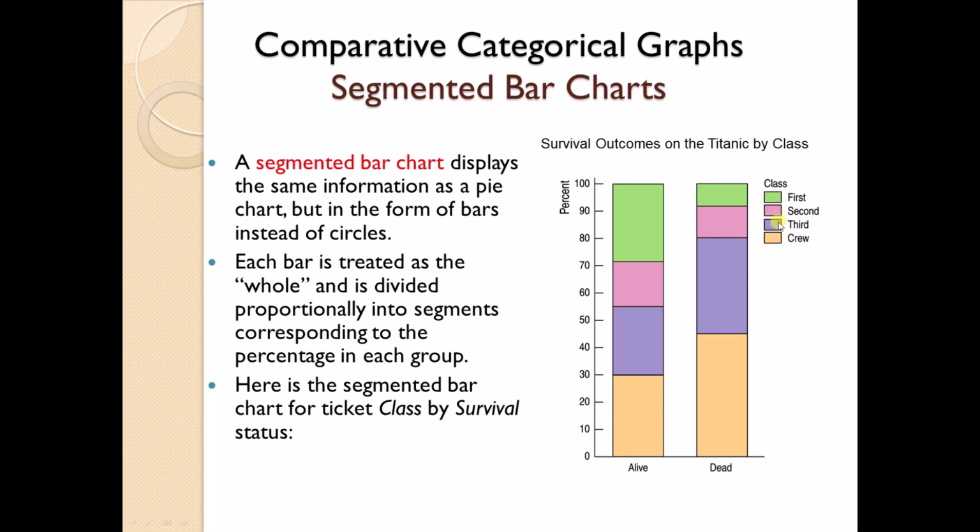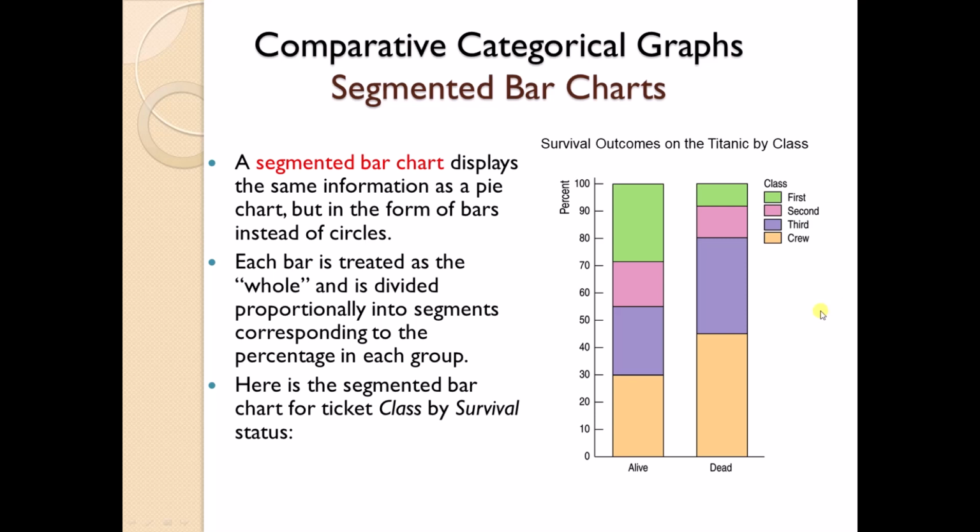There was a bigger proportion of the third class passengers who died than lived. So it looks to me like if you're in the first or second class, see, here's the ones who died, and here's the ones who lived, that your odds of surviving this disaster were far greater.